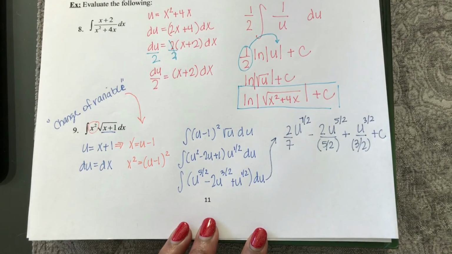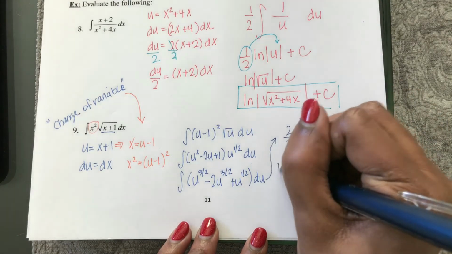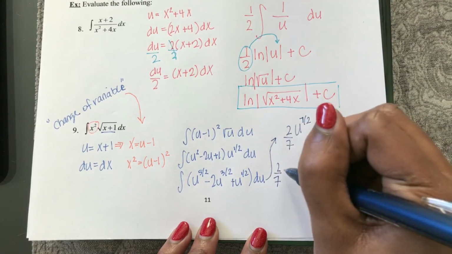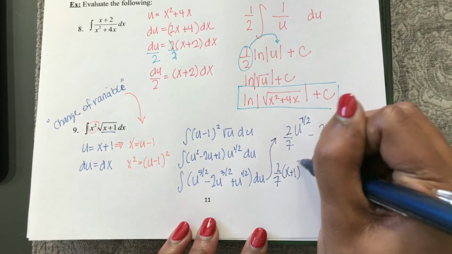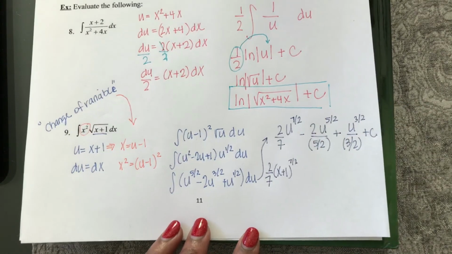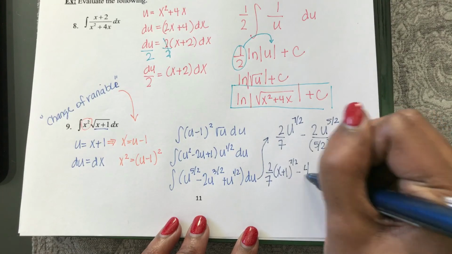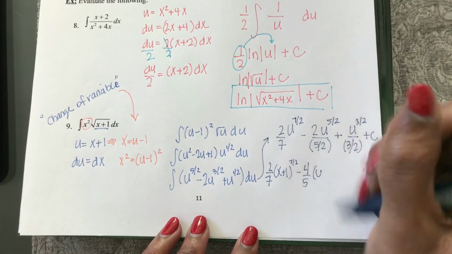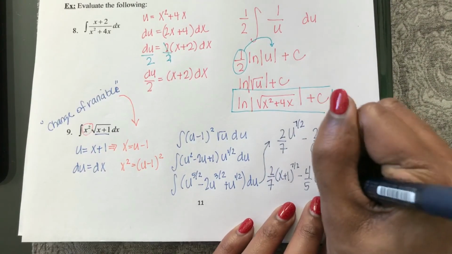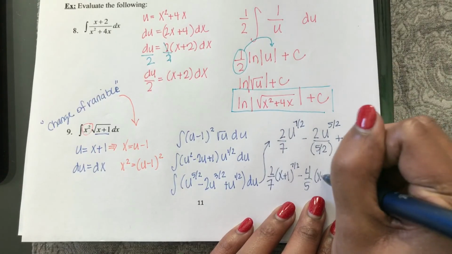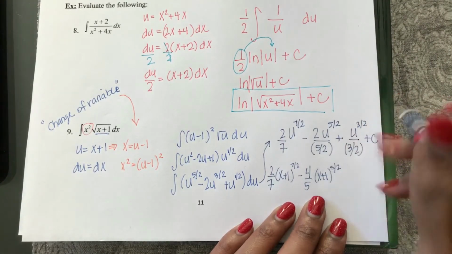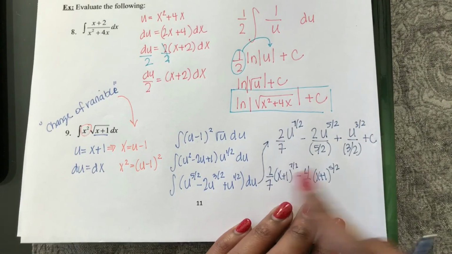So let me simplify and plug in my u's here. So this is 2/7 (x plus 1) to the 7/2. And this becomes minus 4/5 (x plus 1) to the 5/2. I think I said x plus 1 here, I can't remember.